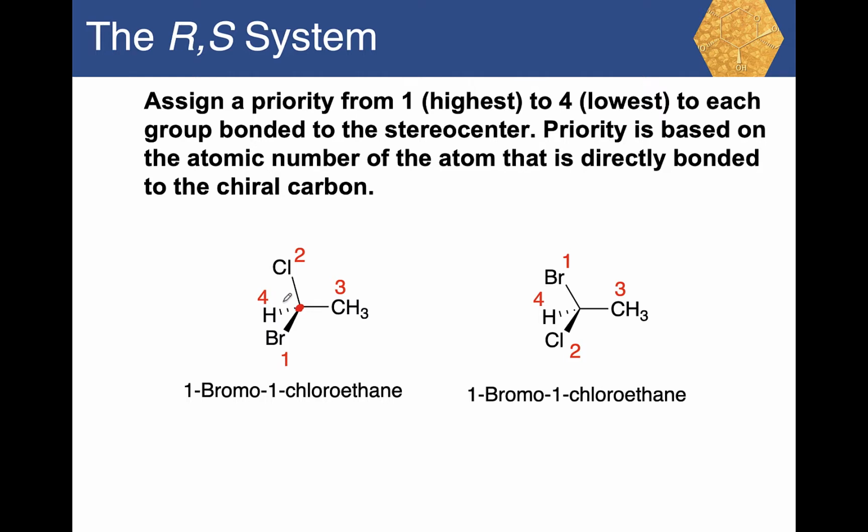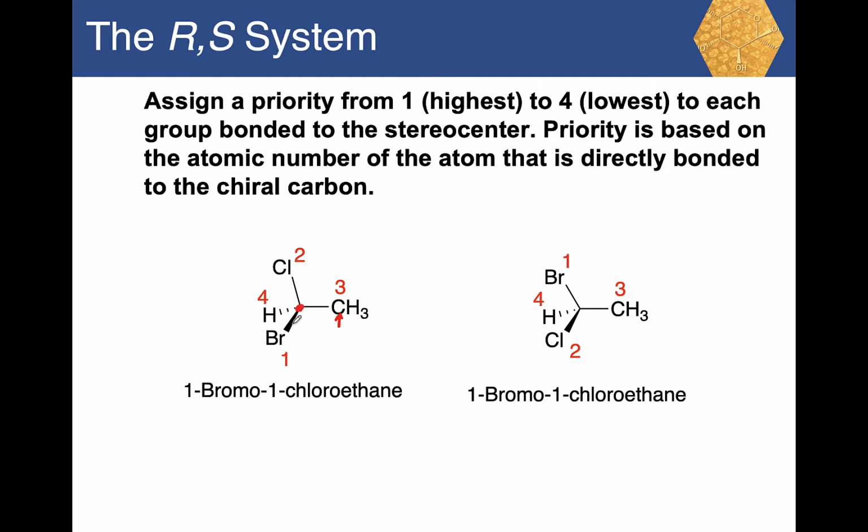What the R and S rules state is that we assign priority based on atomic number. So you will need your periodic table here. Here's a chiral carbon, here is a bromine, a chlorine, a carbon, and a hydrogen that's attached here.